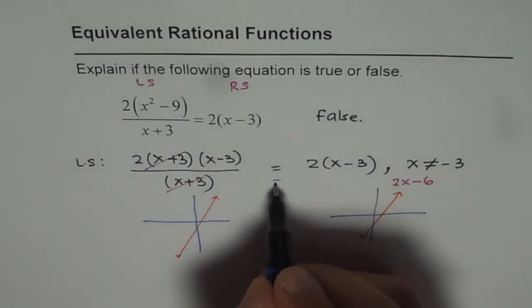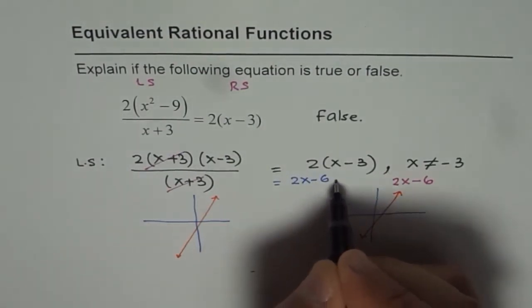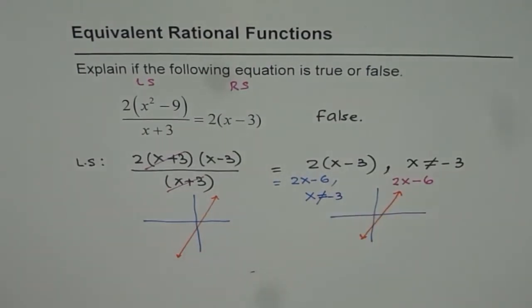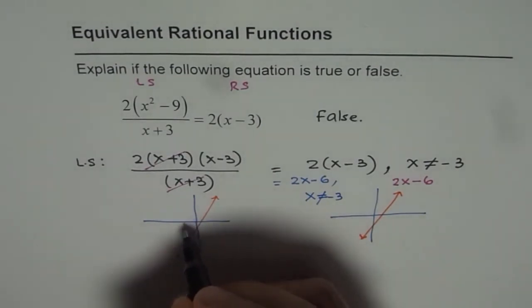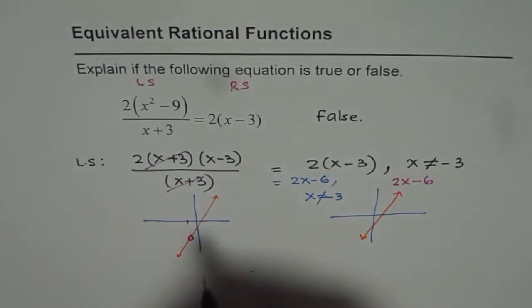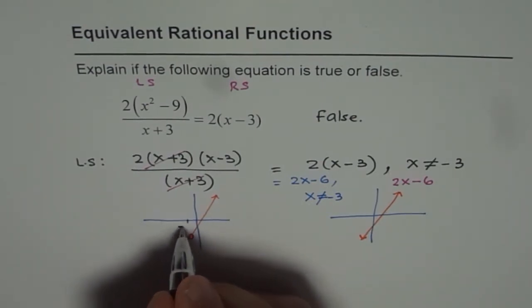So the left side, strictly speaking, is 2x minus 6, where x is not equal to minus 3. So what does that mean? It means that if this is minus 3, then we have a hole here. This function is not continuous. It is discontinuous at minus 3.